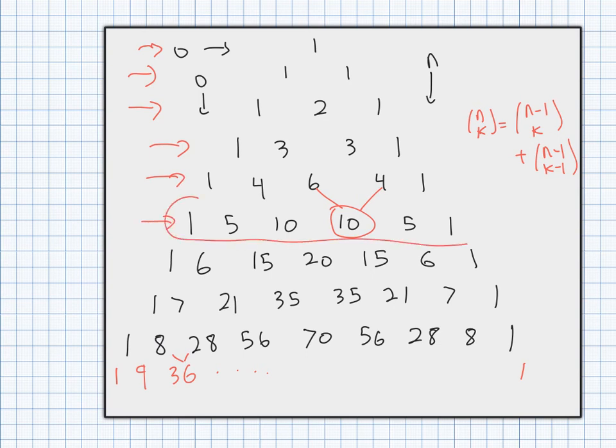Here you go. And this row would tell you the coefficients of what happens when you expand x plus y to the 5th. As we've also seen, the binomial coefficients are also important because they count subsets and lattice paths, as well as bit strings.